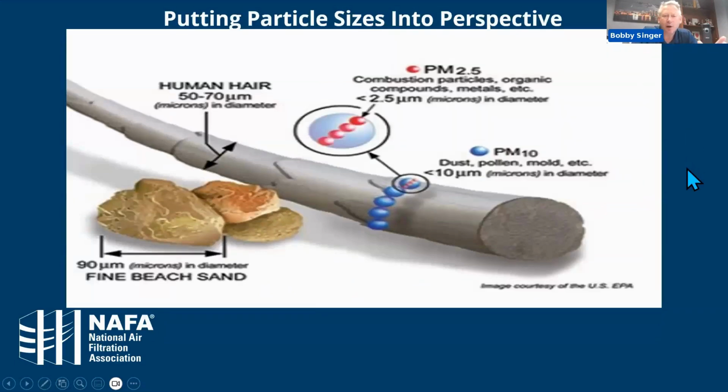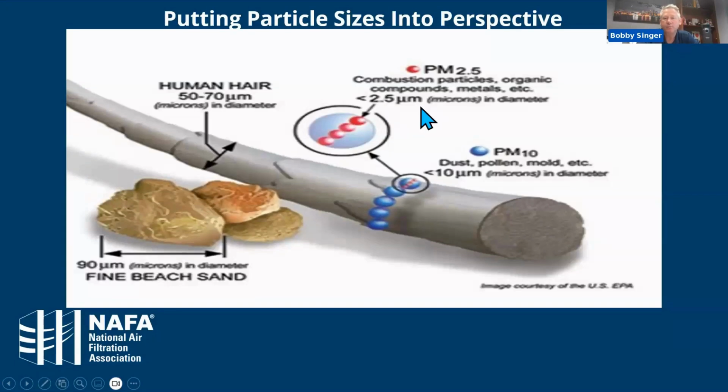So we talk about all these particle sizes, and I think it's important to put them into perspective. We're measuring from 0.3 to 10 microns for this test. So you take an average grain of sand, and it's somewhere in the neighborhood of 90 microns across. A human hair, somewhere in the neighborhood of 50 to 70 microns across.